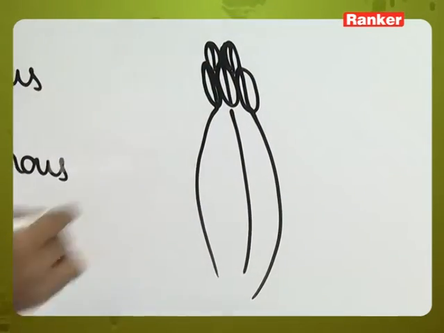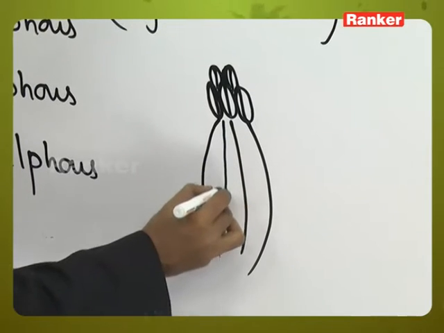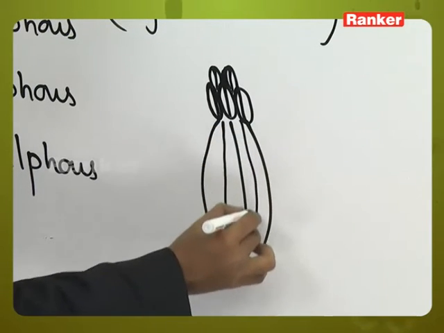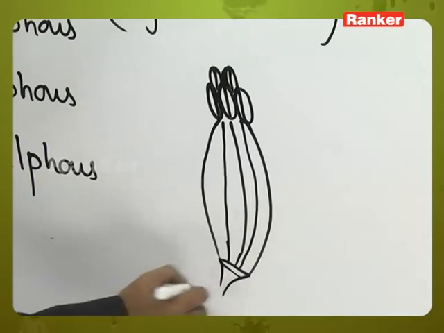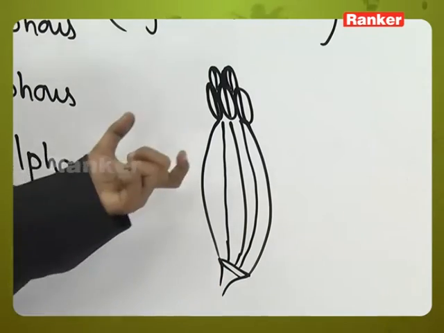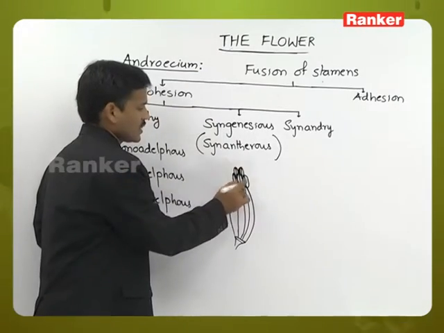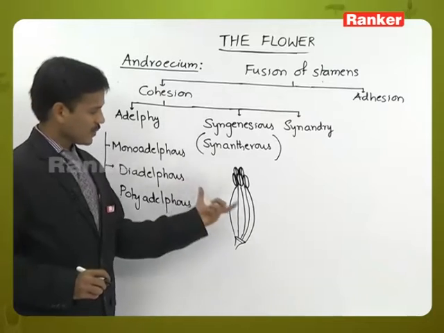Only anthers are fused. Here, for example, 5 stamens are there. In one flower 5 stamens are there. In the 5 stamens only anthers are fused, filaments are free.